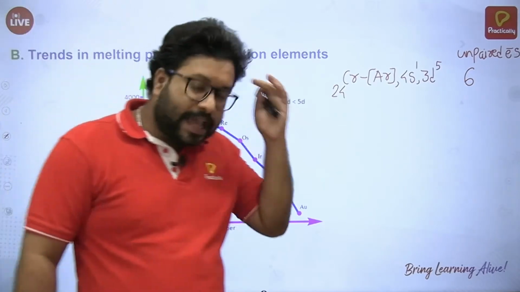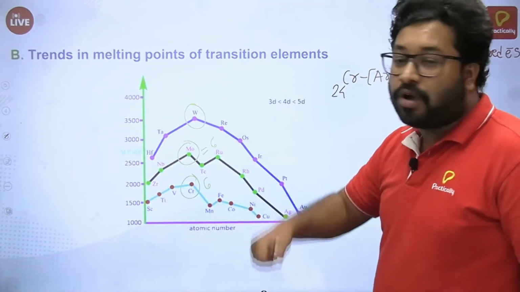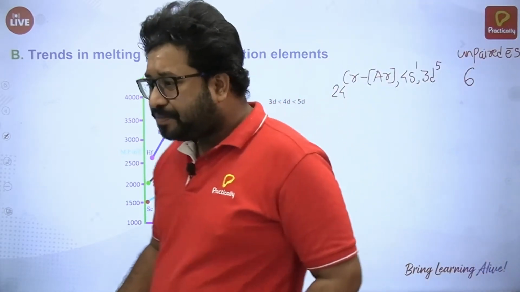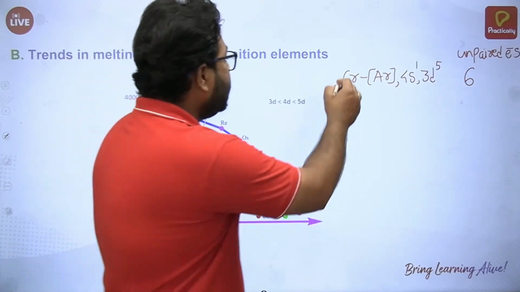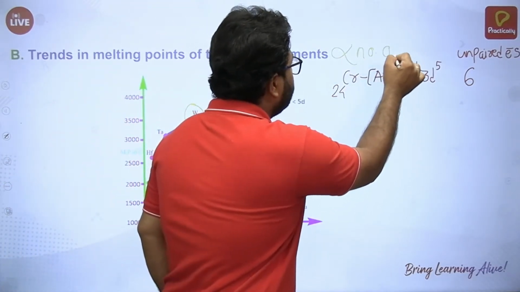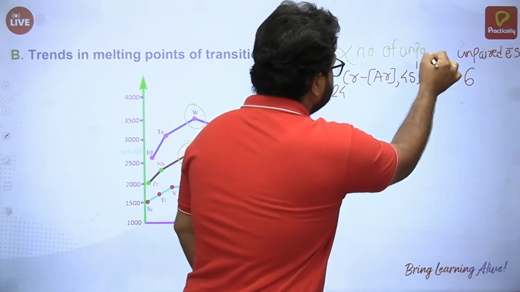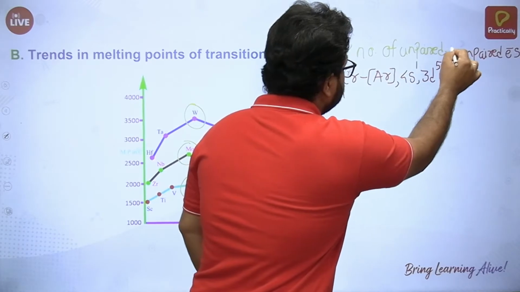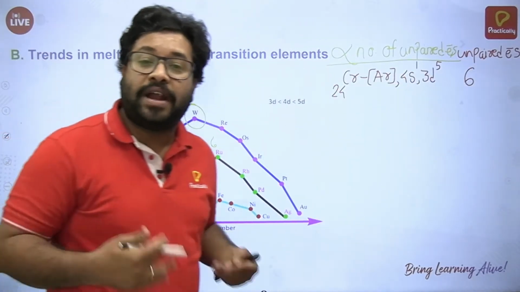Yes, there is a relationship between the number of unpaired electrons and the melting point of a transition metal. See, the melting point of your transition element is directly proportional to the number of unpaired electrons.